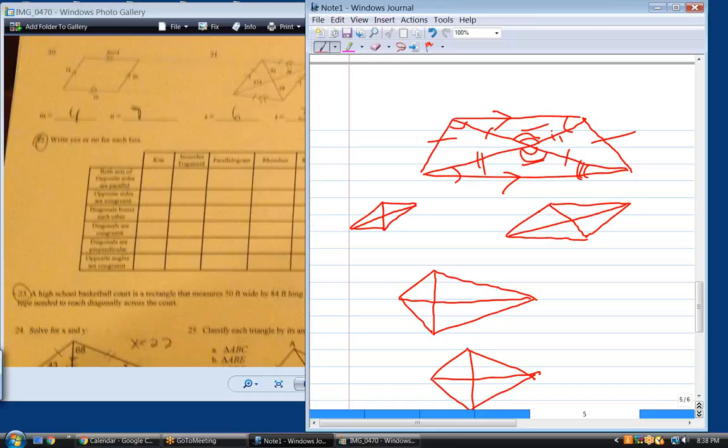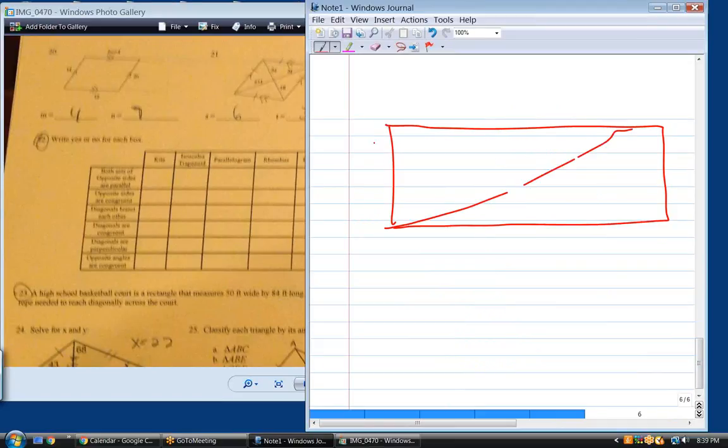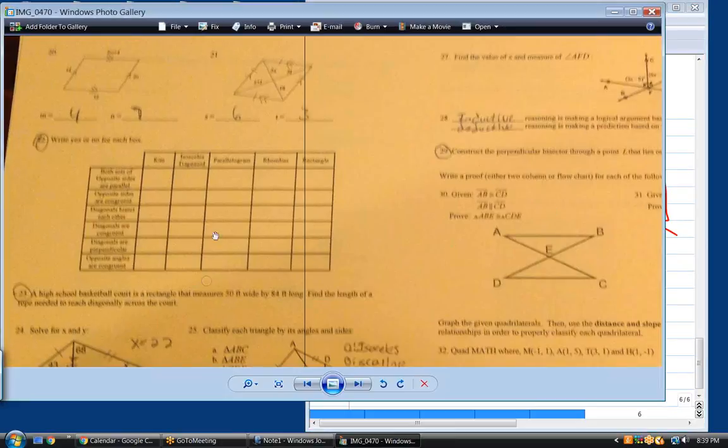So the diagonals are not congruent in a rhombus. No for parallelogram. Yes for that. How about a rectangle? Yes. Correct. In other words, no matter how long I draw the rectangle, those diagonals are going to be the same and bisect each other. Okay, so the diagonals are perpendicular.